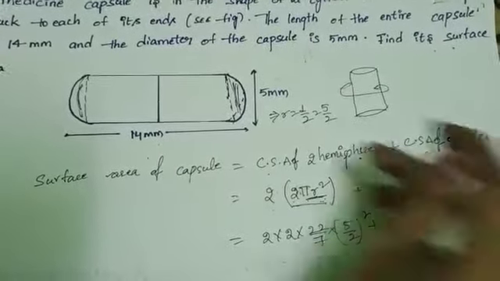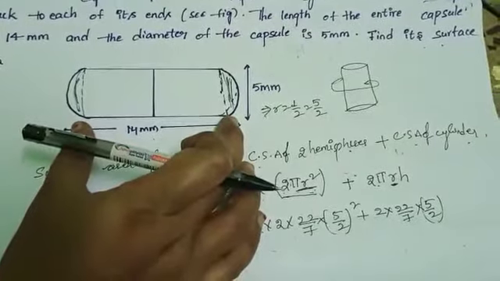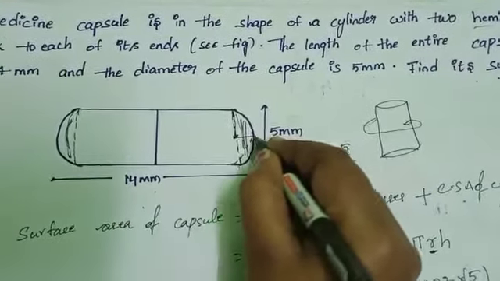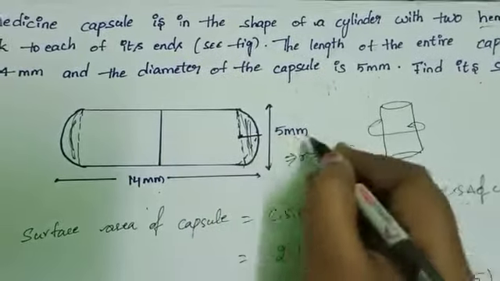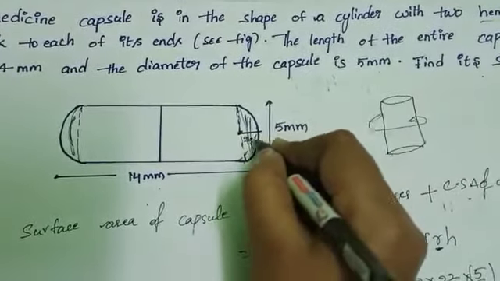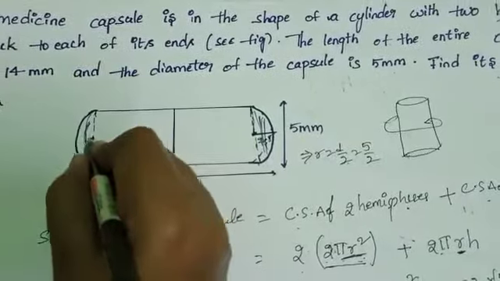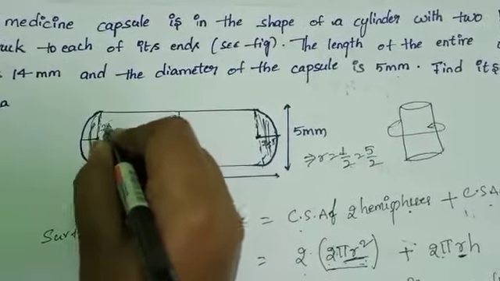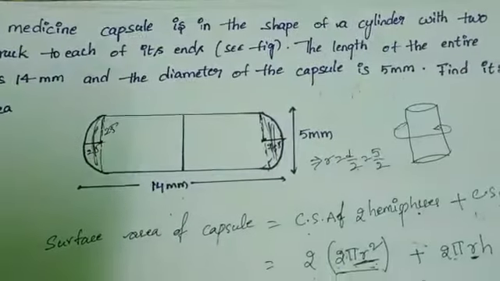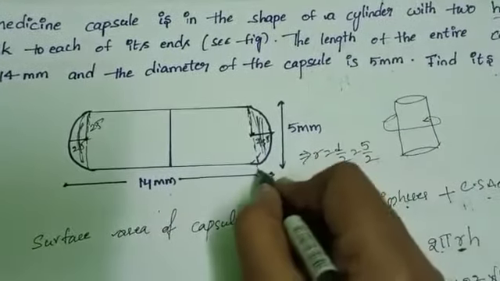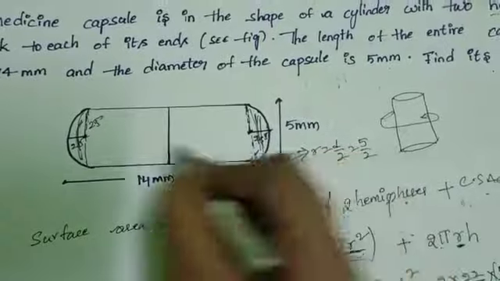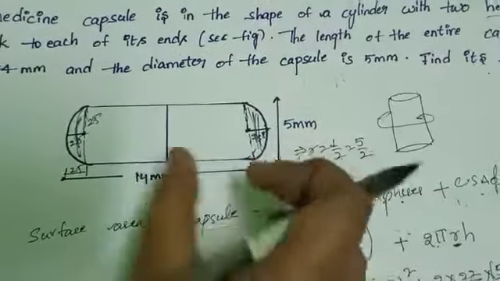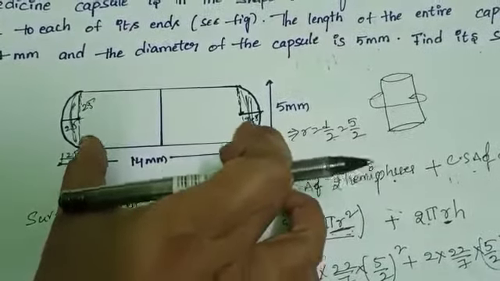What is the height of the cylinder? We know the radius of the hemisphere is 5 by 2, which is 2.5. Here to here 2.5 and here to here 2.5. Remaining portion is the cylinder.